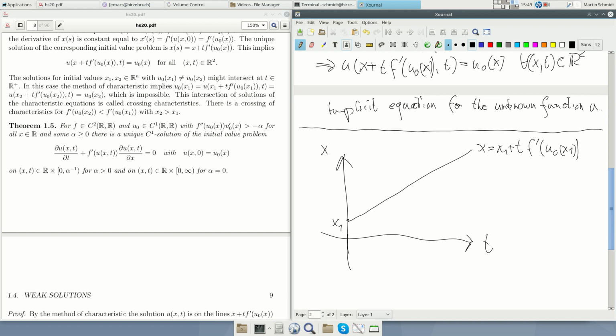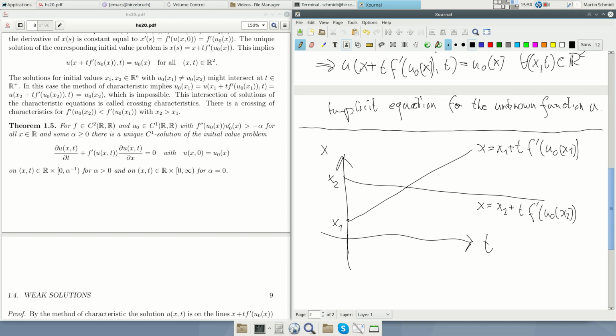Let's see. Here we have another point x2, and the derivative of this line, the slope, is just this number. But this number depends, of course, on the initial data. Now let's assume that we have another line, x equal to x2 plus t times f prime of u0 of x2.